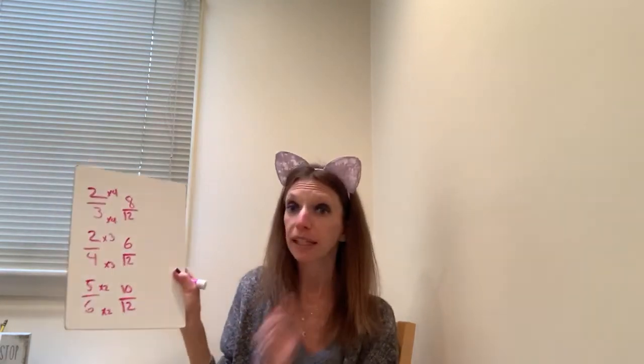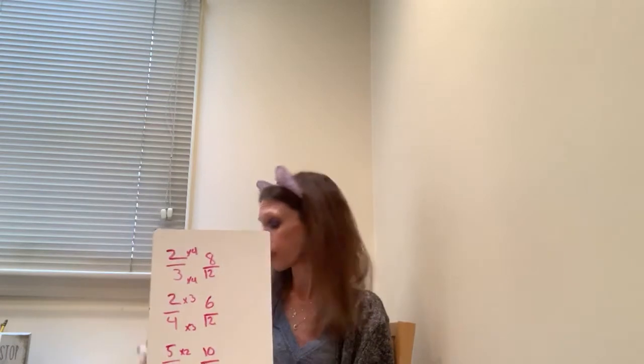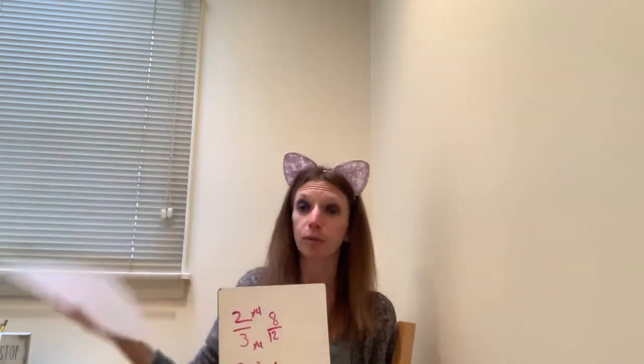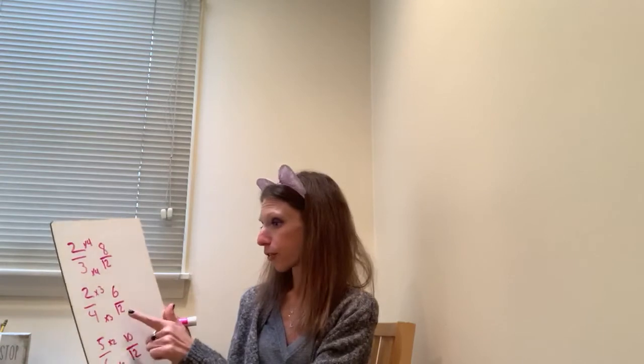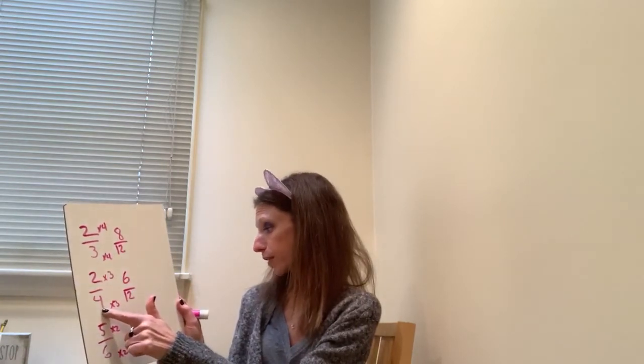Now I can list my ingredients in order from least to greatest. Because remember, it says list the ingredients in order from least to greatest. So let's see here. The smallest one is the 6/12, so that's really the 2/4, so that was the milk. So she needs the least amount of milk. So we'll write down milk, and I can check it off.